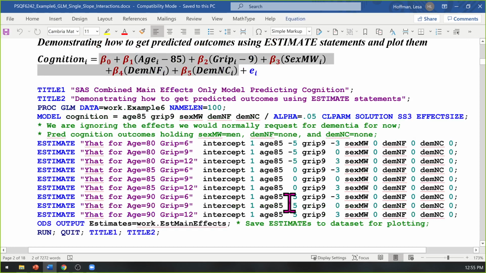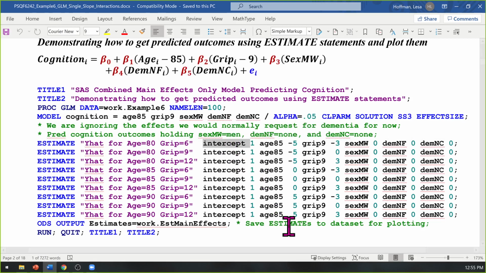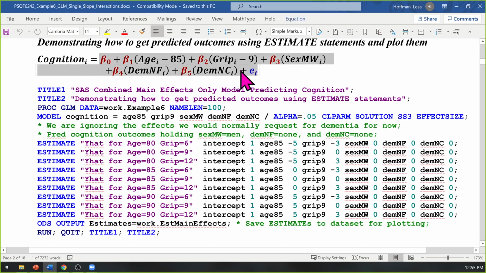When you're asking for predicted outcomes, you need to include every single fixed effect that's in the model, because all of those fixed effects work together to generate a predicted outcome. So when I type the word intercept here, for instance, what am I actually referring to? What does the word intercept correspond to with respect to my equation here?